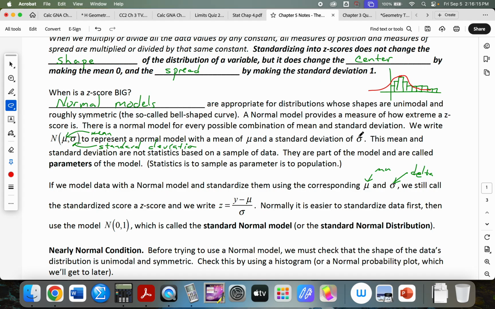We can use the normal model to predict where certain data points are going to be, or how much of the data is going to be between this point and this point. Make sense? Yes.